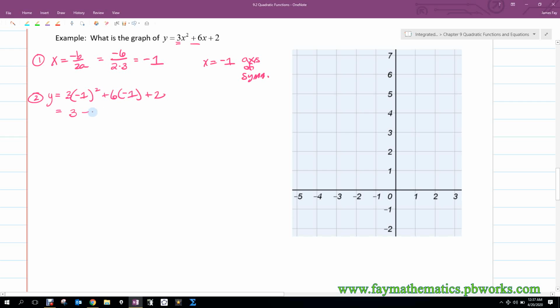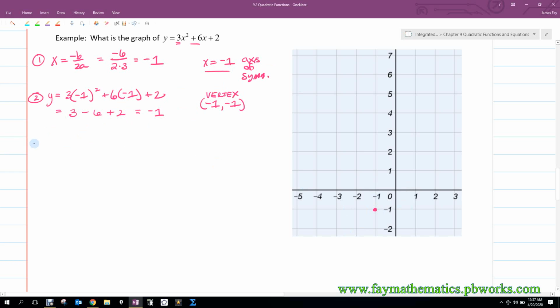This is going to turn into minus 6 and then plus 2. So 3 minus 6 is negative 3 plus 2 is negative 1. So my vertex had an x-coordinate of negative 1 and now also a y-coordinate of negative 1. That's your vertex: negative 1, negative 1.